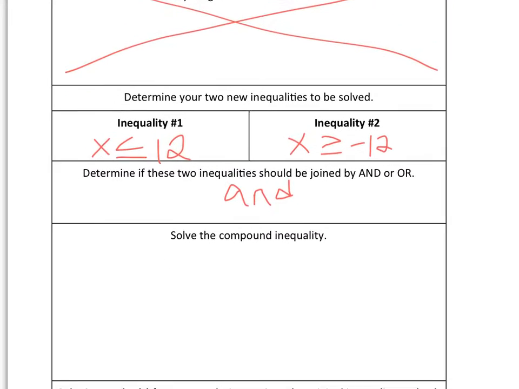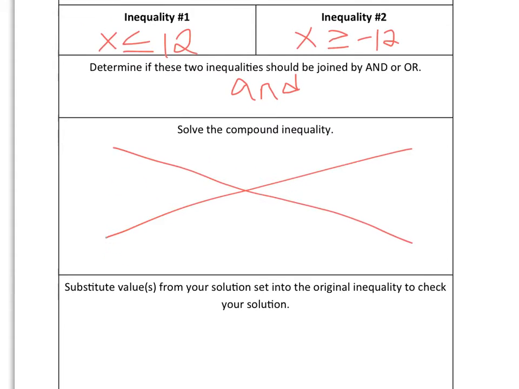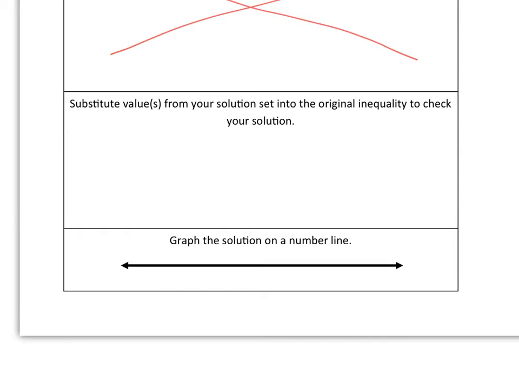The next step would be to solve the compound inequality, which we've already done. I have already my x is less than or equal to 12, and x is greater than or equal to negative 12. We're also going to skip the substituting. You should be able to substitute and get the correct answer, but we will move on. So my two numbers I have from my inequalities are negative 12 and positive 12. Let's look back at our original.